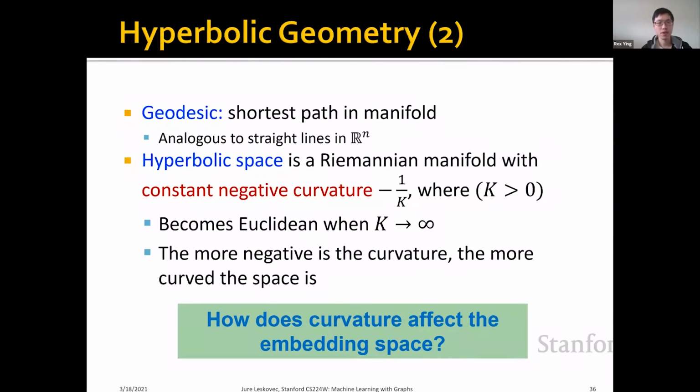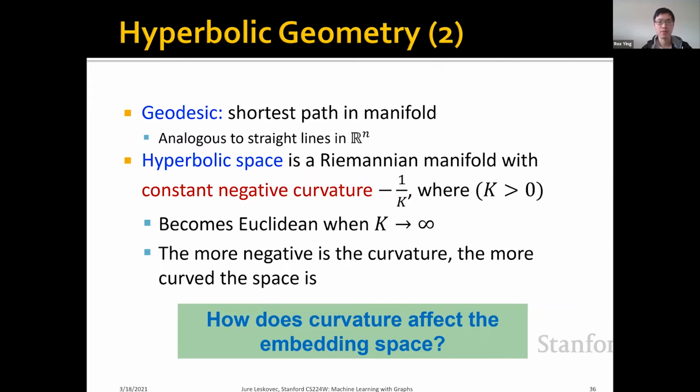Here we also consider the geodesics. A geodesic is defined as the shortest path in the manifold, which is analogous to the straight line in R^n. If you remember the plot where we have the parallel postulate in hyperbolic space, all these curves are actually geodesics. They are the shortest path between two points in the manifold.